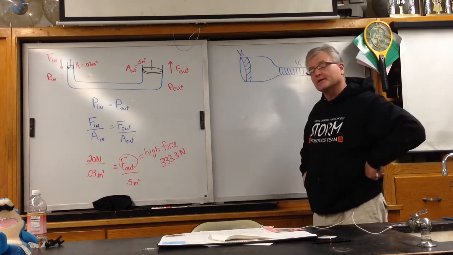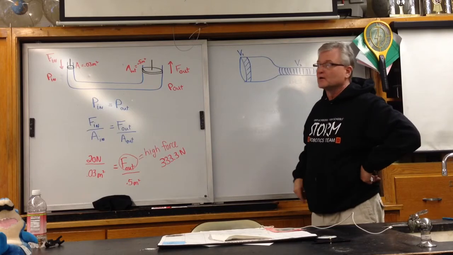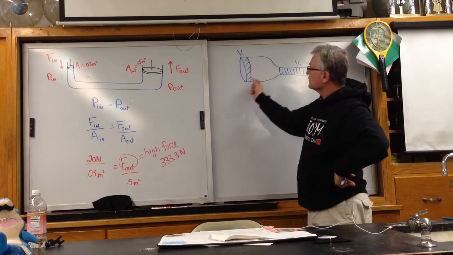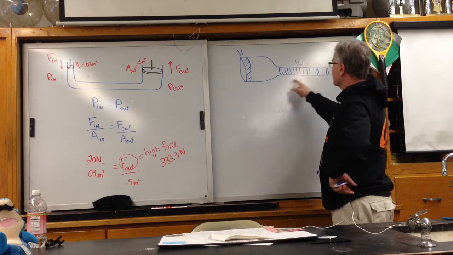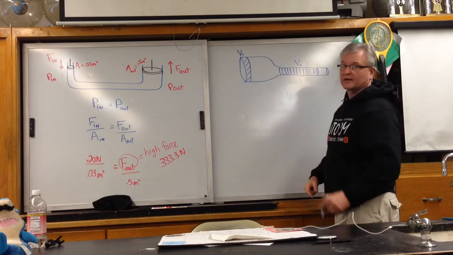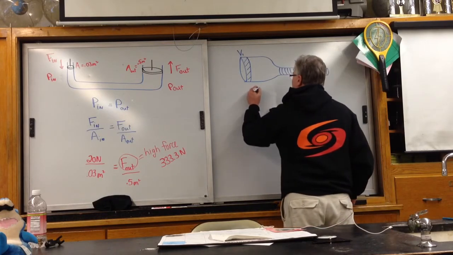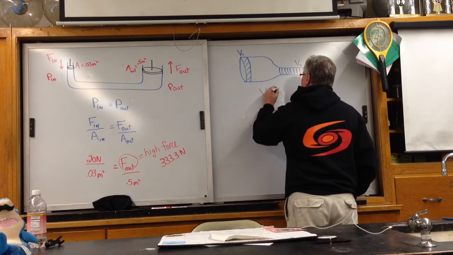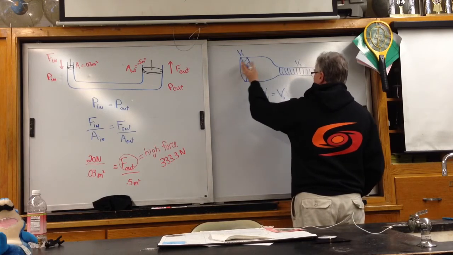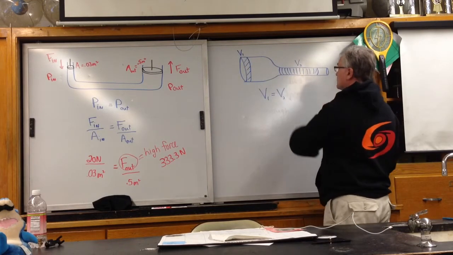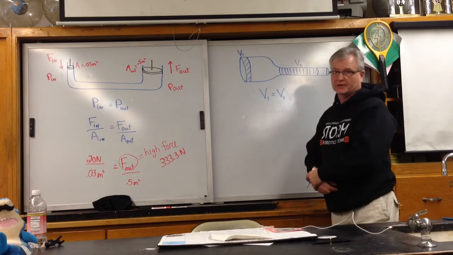Well, let me think. The volumes are equal, but one has a lot of height to it, but not a lot of width. This one has a lot of length, but it doesn't have a lot of height. Well, these two volumes are actually equal to each other. So we know that the volume of the water flowing here has to be equal to the volume that flows out of the hose, and we end up with this idea.